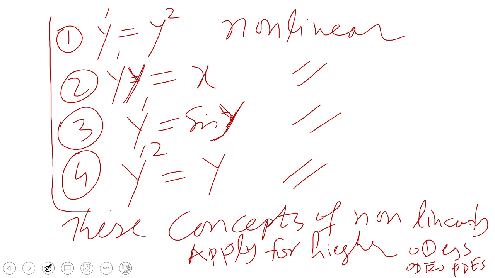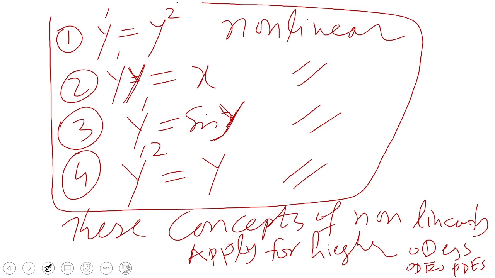Basically, these are the four types of nonlinearity that occur in ODEs and PDEs.